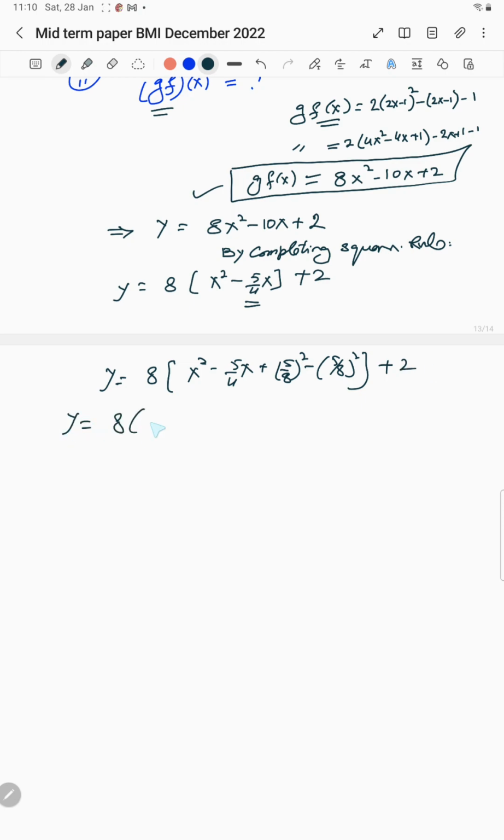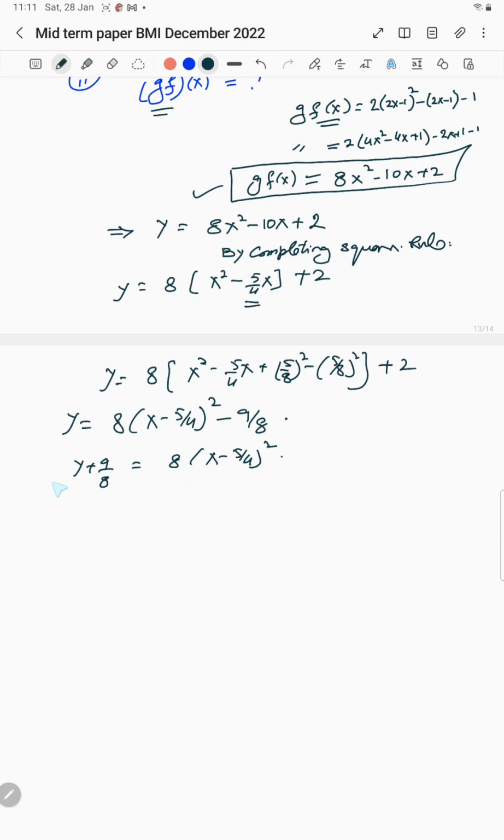We will get 8 into (x minus 5 by 8) whole square, and after simplifying we will get minus 9 by 8. So bring it here, y plus 9 by 8 equal to 8 into the square.